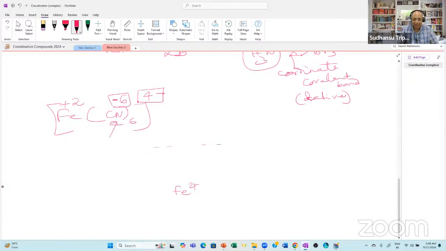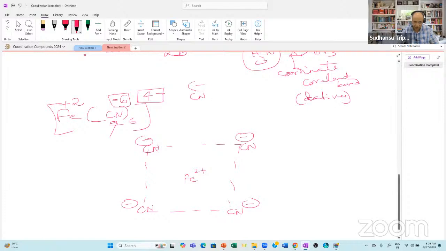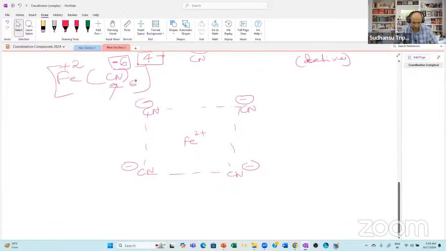And if you draw an octahedron, iron sits at the center of the octahedron, and these ligands are at the 6 corners of the octahedron. So these bonds are really dative bonds.